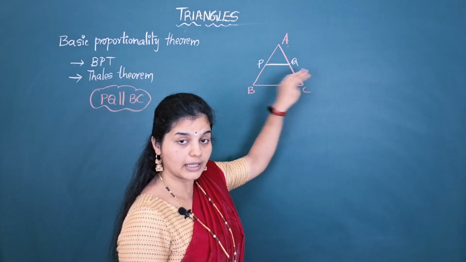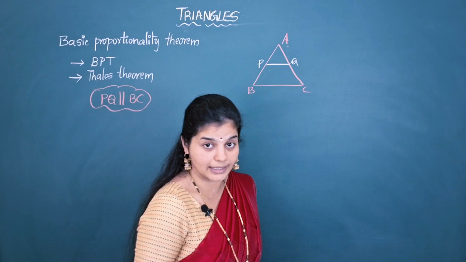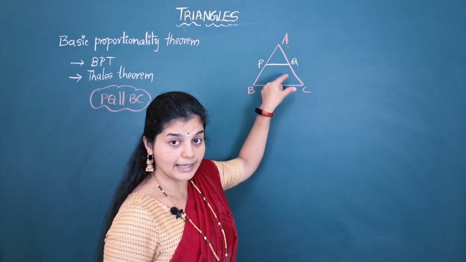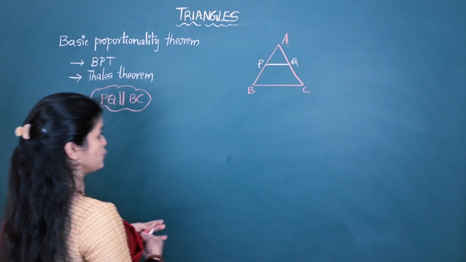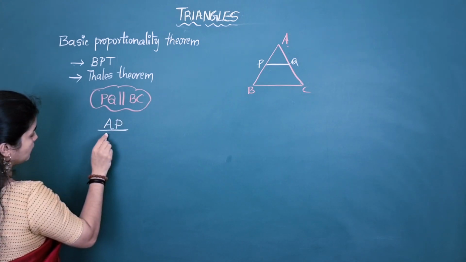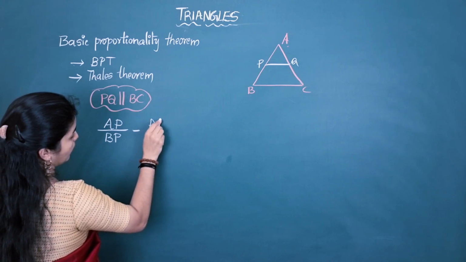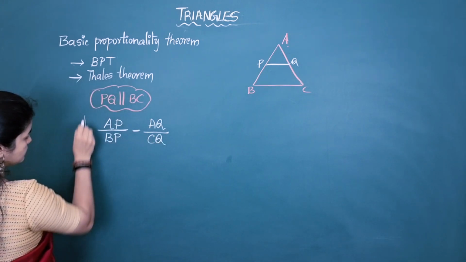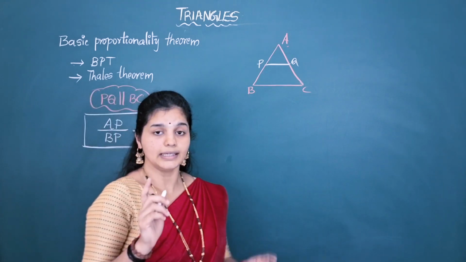It is intersecting the remaining two sides at distinct points. Then it means that this parallel line divides the other two sides in the same ratio. So that is, we have AP by BP is equal to AQ divided by CQ. So this is Thales theorem and it is very important.